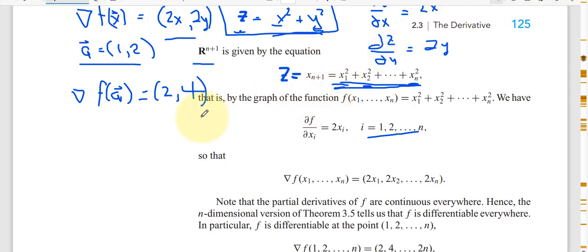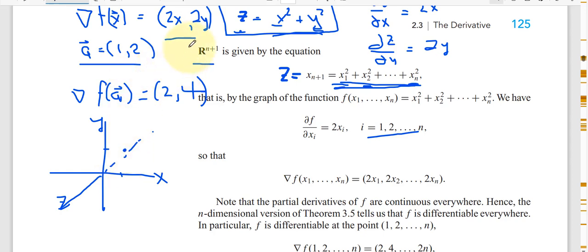That tells us that when the input, remember this is the input, let's call this x, and this y, and then we have another dimension, z. So when x is 1 and y is 2, we're at this place in the xy plane, and the height is somewhere out here.